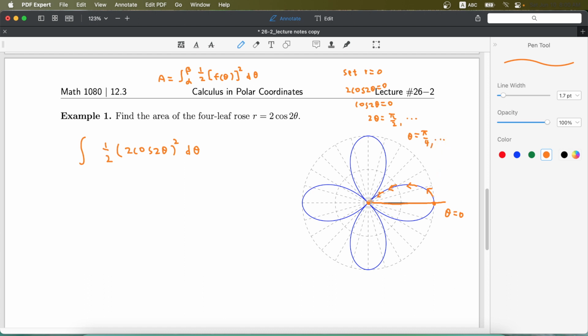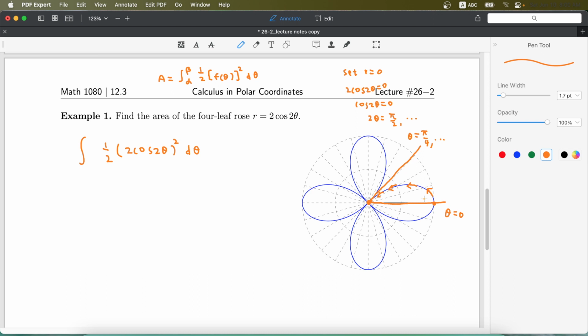Okay, so right here, this is pi over 4. Wow, that's a good spot. Okay, pi over 4. And of course, right here, cosine 2 theta equals 0 when 2 theta equals 3 pi over 2. So that means right here, theta equals pi over 4, you still have the origin. Okay, but we don't care about that. That is because we only consider the first half of the leaf.